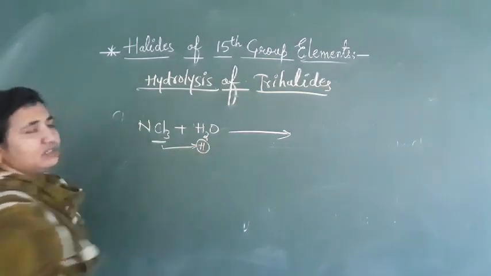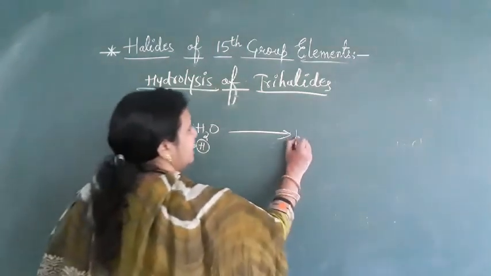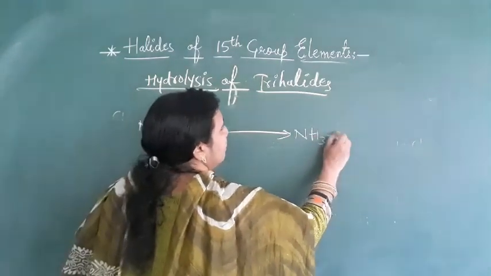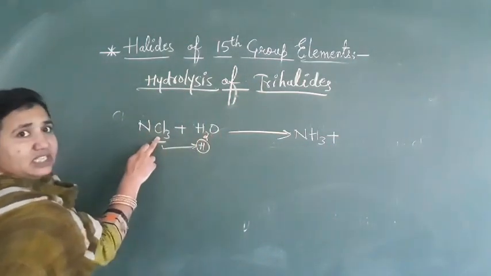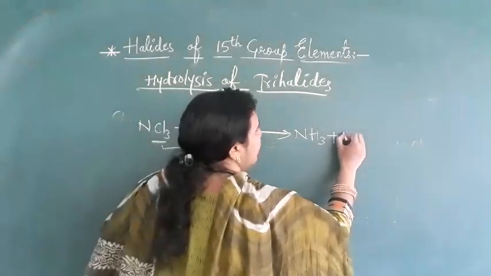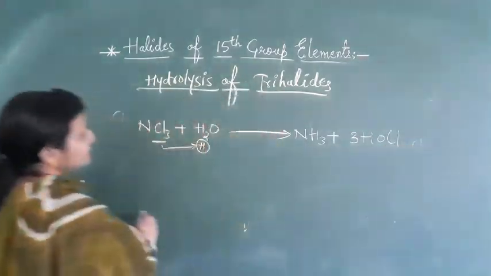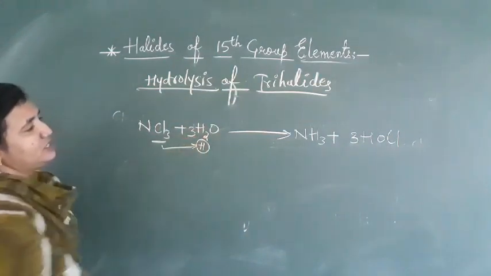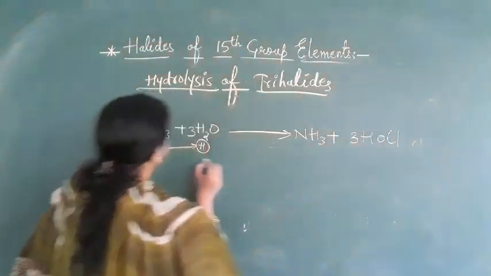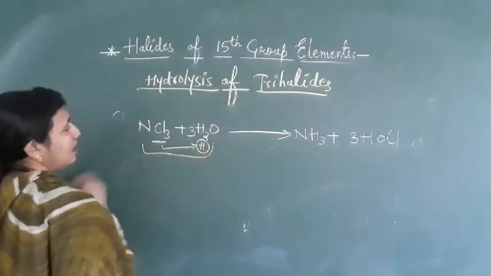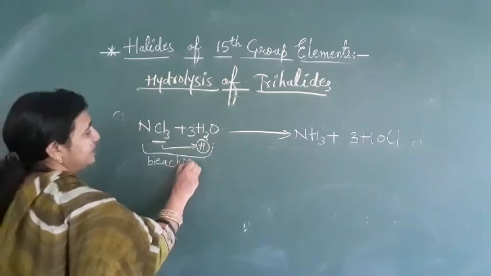So we will get NH3, and what remains is OH and Cl, so we write 3HOCl. Here you take 3H2O. So this mixture is called an aqueous solution. It will act as a bleaching agent.